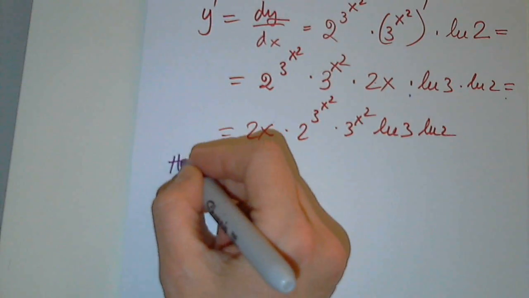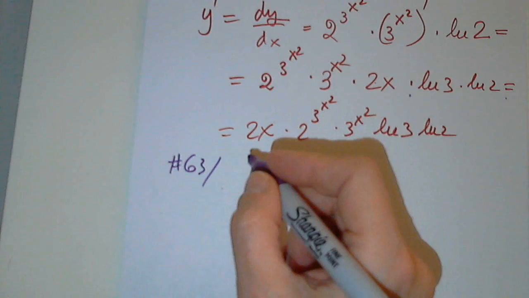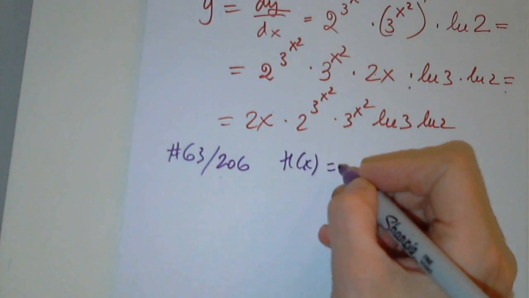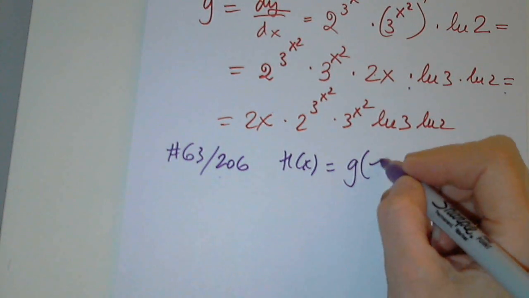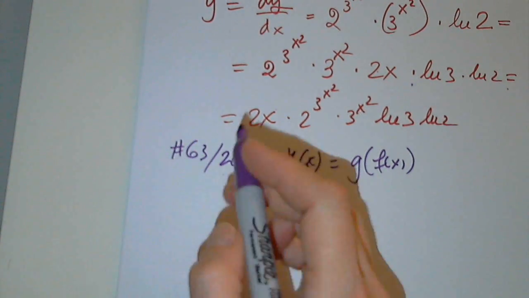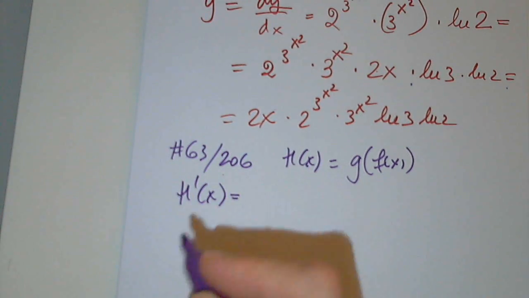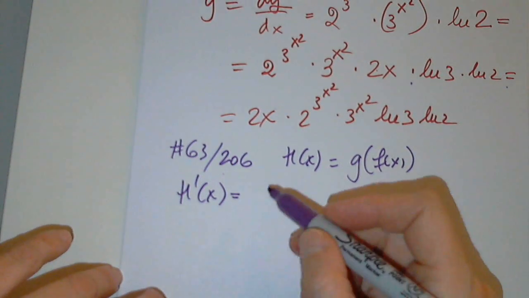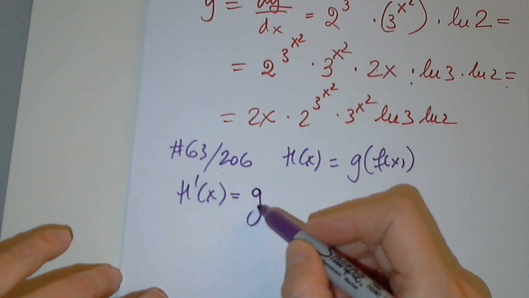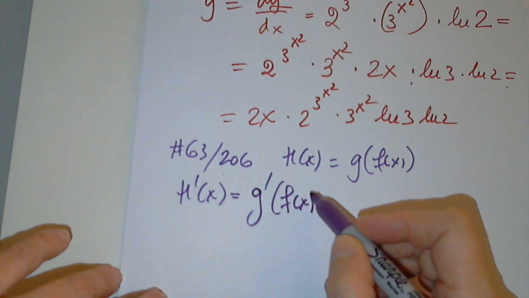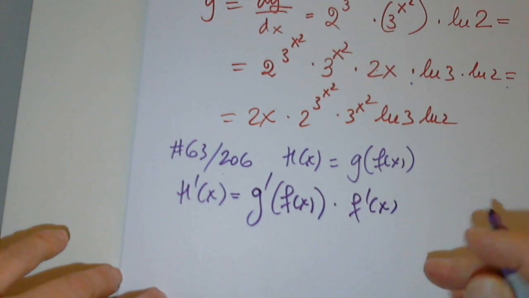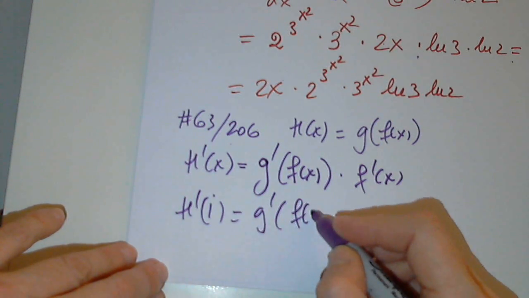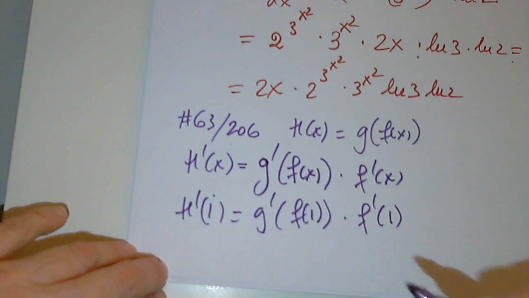Okay, so this is problem 63 on page 206. And we want h of x. And they say it's g of f of x. So let's determine h prime. Can anyone give us h prime? The outer function prime. That's it. So now h prime of 1 is g prime of f of 1 times f prime of 1.